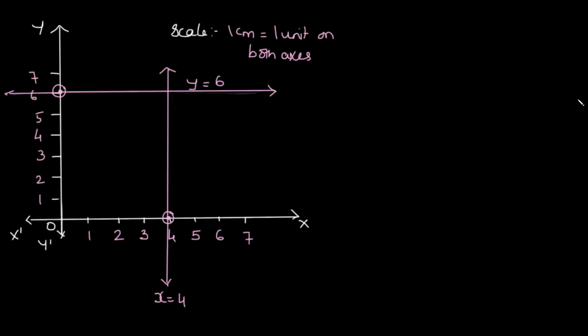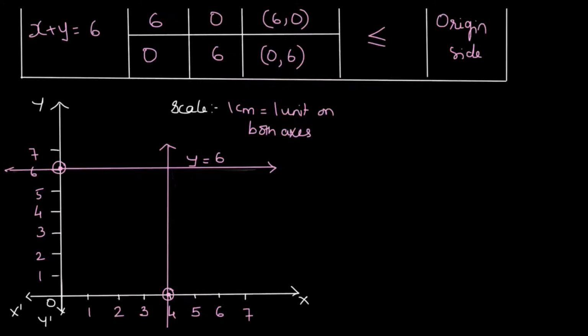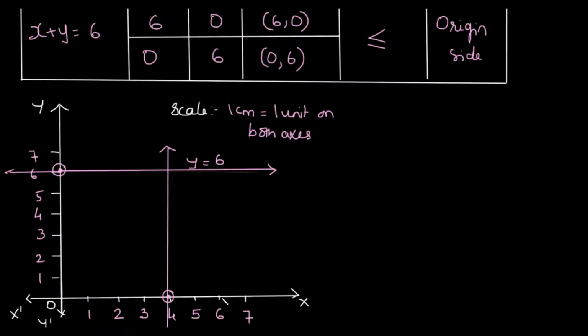For the third line, the points given over here are (6, 0) and (0, 6). So (6, 0) is here, and (0, 6) would come again here. And then the equation is x plus y is equal to 6.